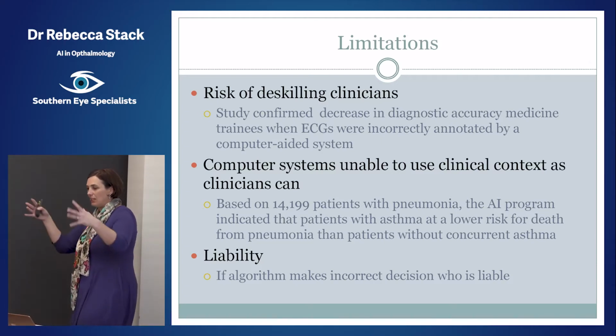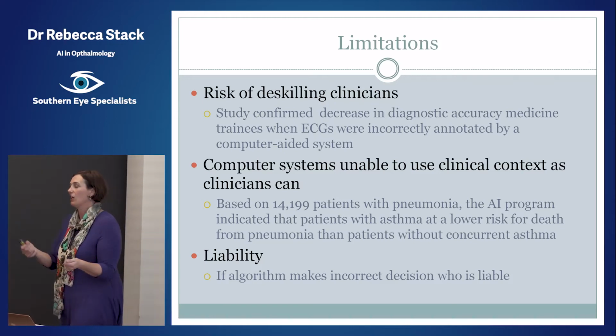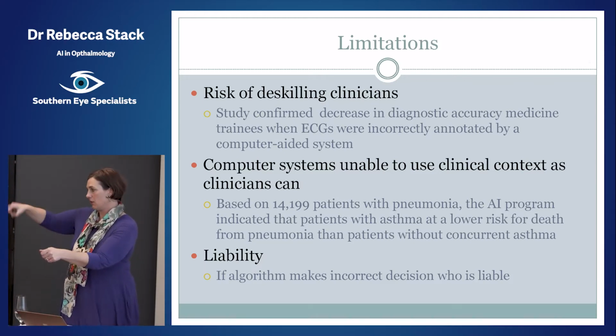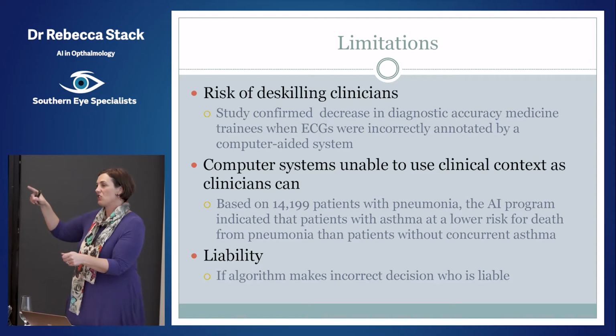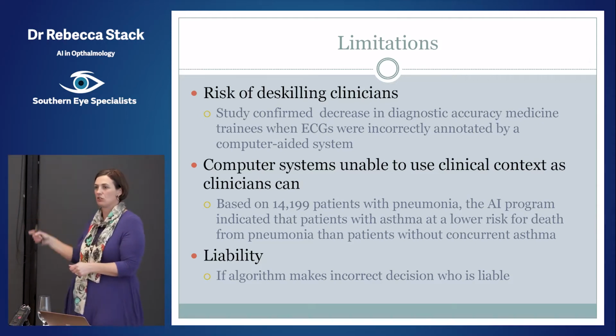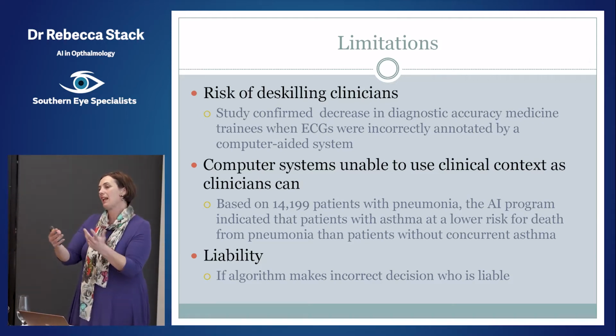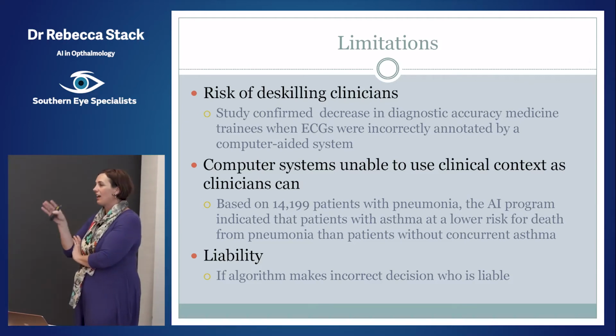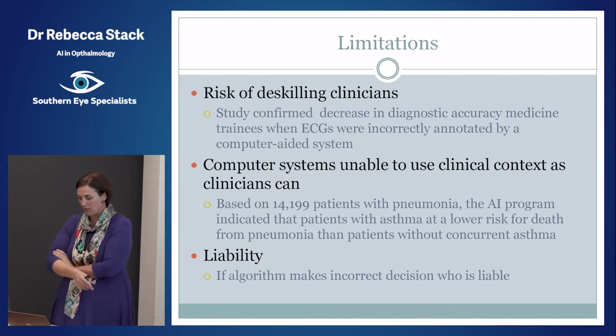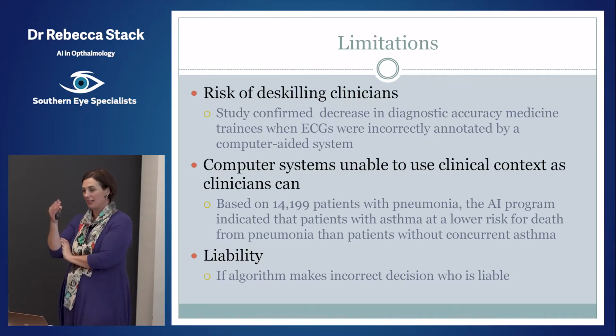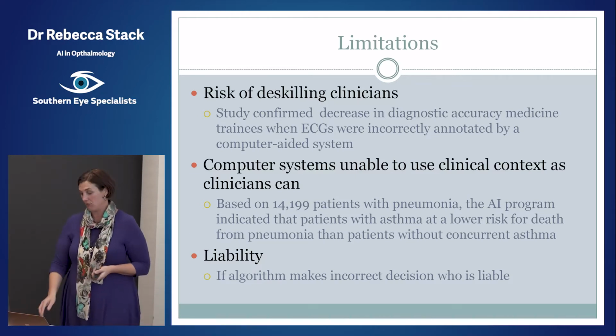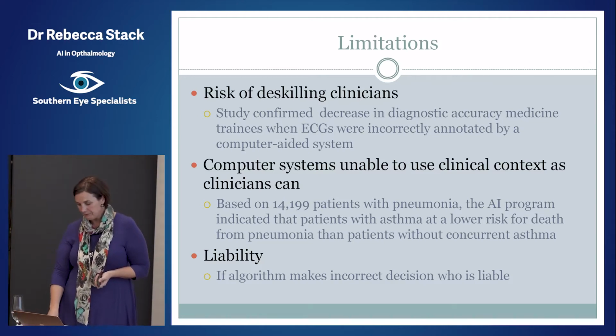If you see someone drop dead and you get the defibrillator out, you don't need to worry, you put the pads on them and it goes into the machine and it says, this patient's in VT, you need to shock them. So if you've got something that's telling you that all the time, you no longer have to analyse that information and make decisions for yourself. And when they were retested, it was found that the clinicians that were using these were less able to get it right later on than they had been before.